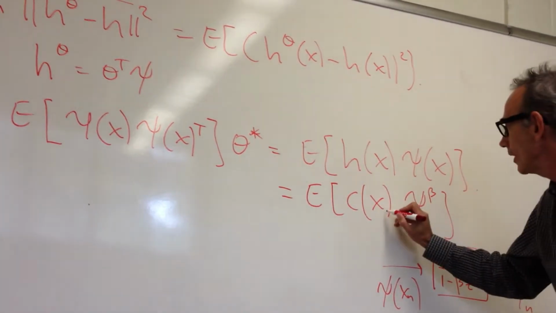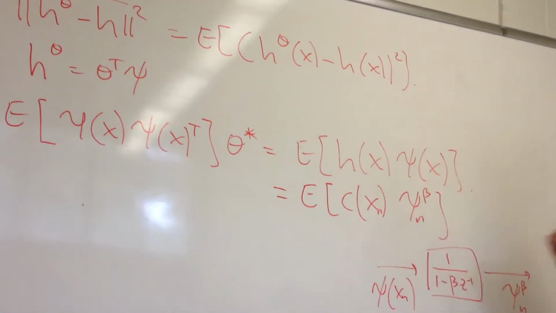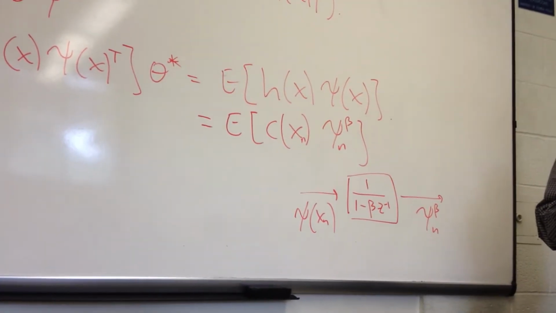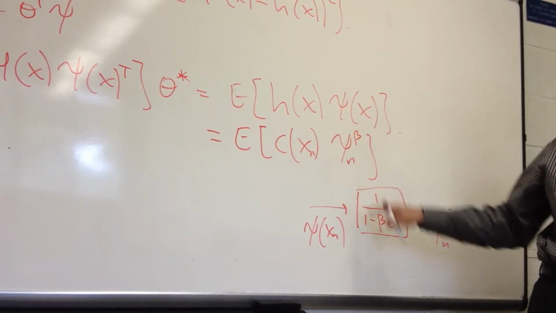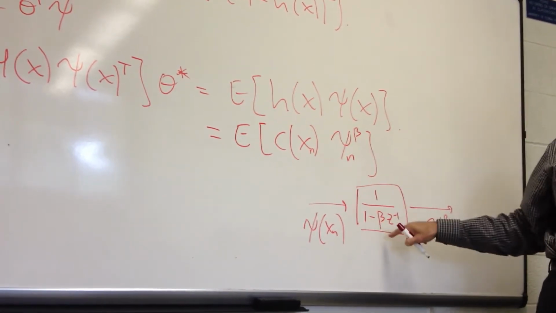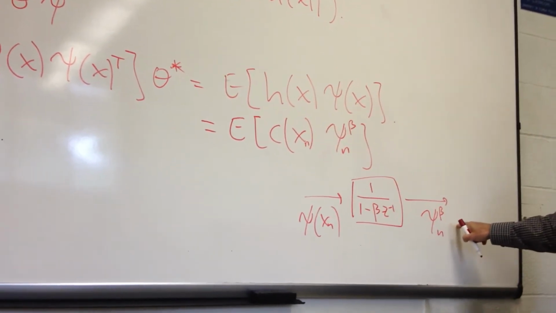So if you'd like, put an n there, and n there. Okay. So I take psi stationary, pass it through a low-pass filter, and I get this thing here.